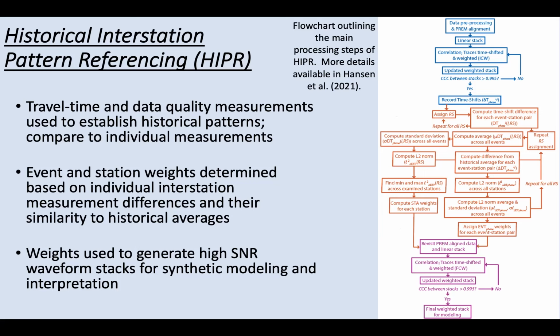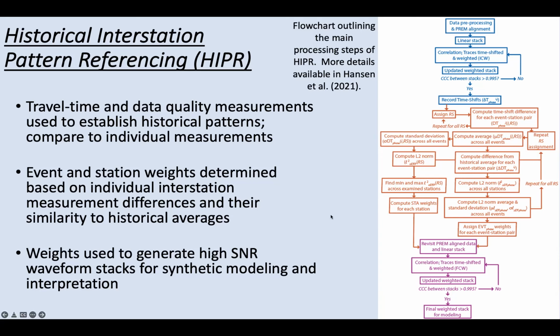But in a nutshell, what HIPR does is it uses both travel time and data quality measurements from all of our data of interest, so all of our event station pairs. Using those measurements, we develop a catalog of historical patterns. How do those measurements vary across the data set as a whole? We then compare individual measurements from any particular earthquake or station to that historical catalog.